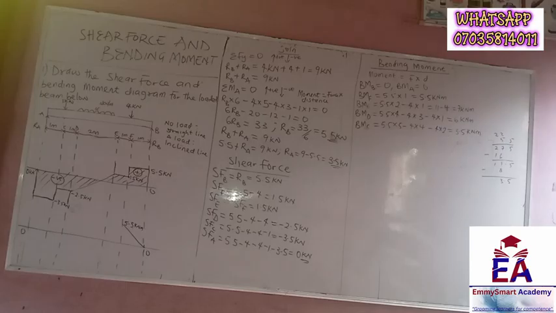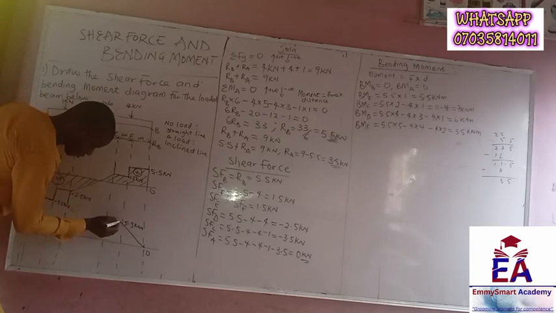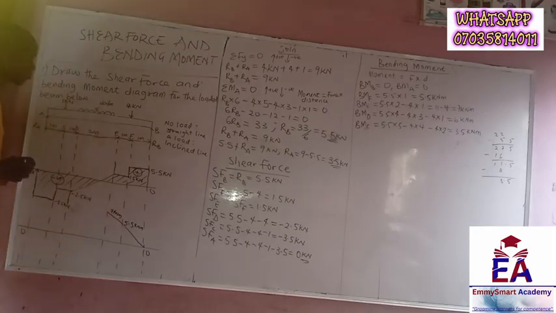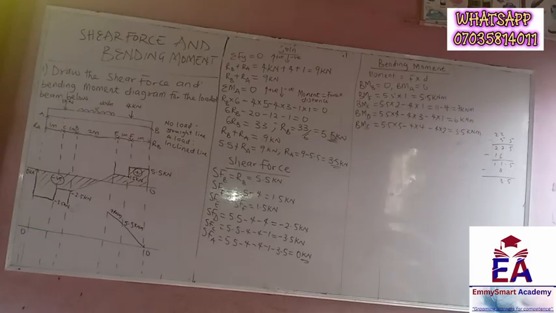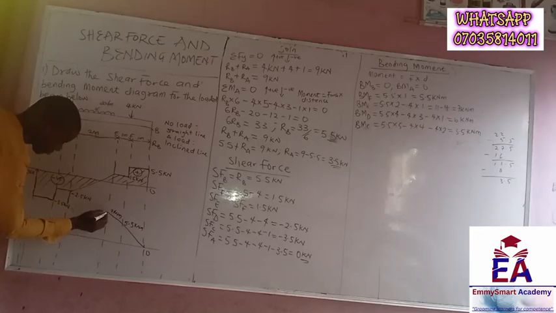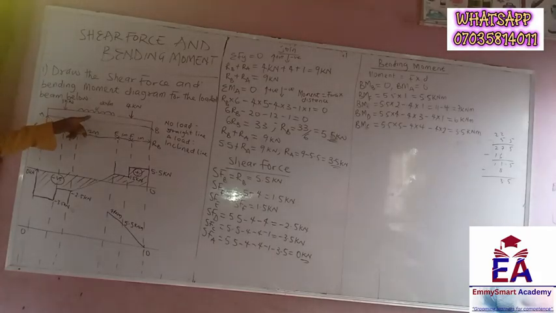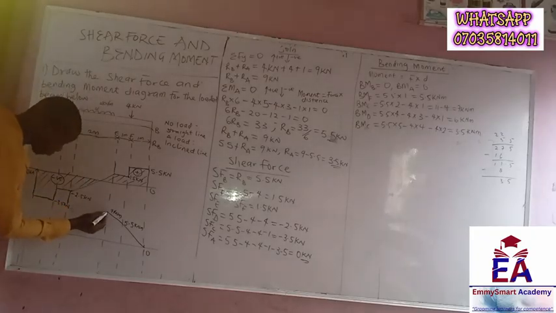Okay. So we have another one. Bending moment at E is 7 kilonewton meter. Bending moment at D should be 6 kilonewton meter. Because of this, we're going to have a parabola.